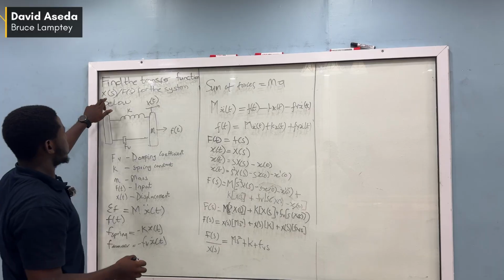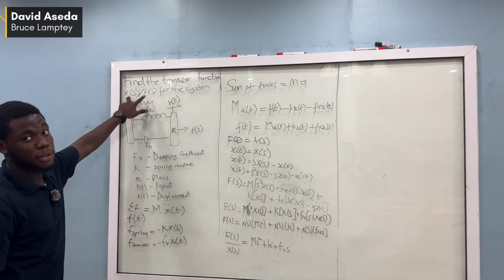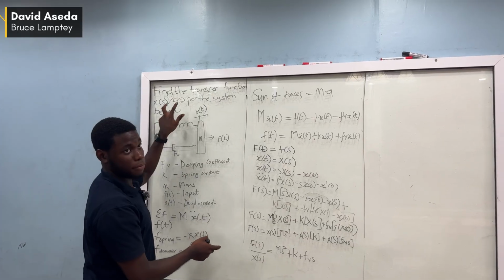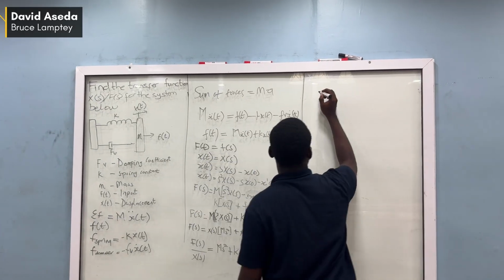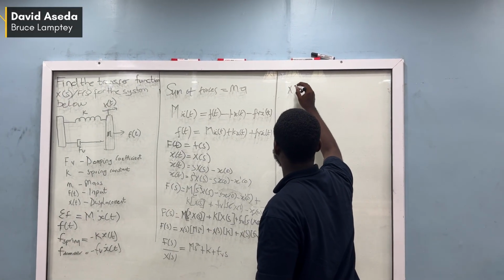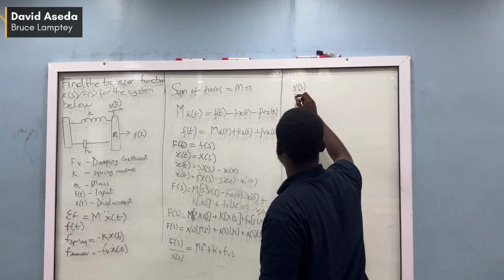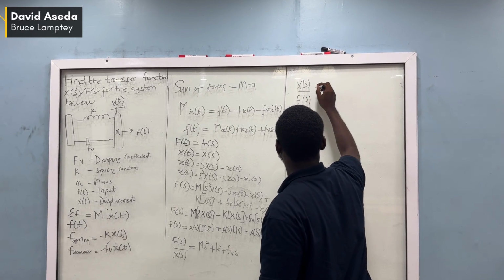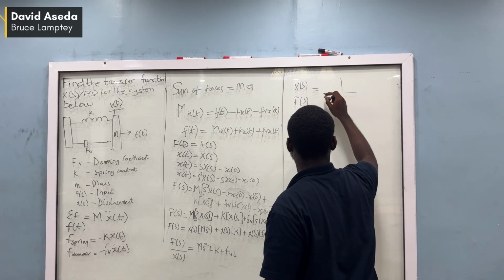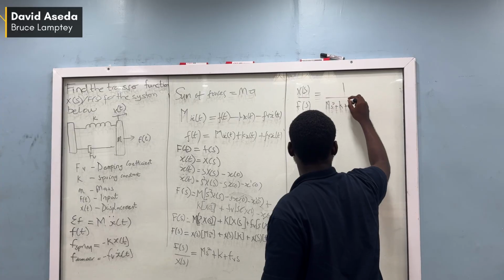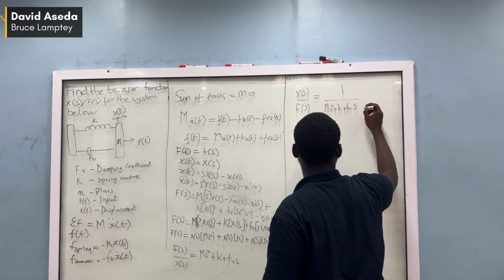Since this is not the required form of the transfer function, you have to reciprocate to get the same format. So your answer will eventually be X(s) over F(s) equal to 1 over (m s squared plus Fv s plus k).